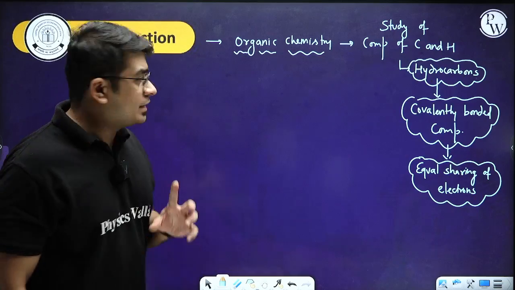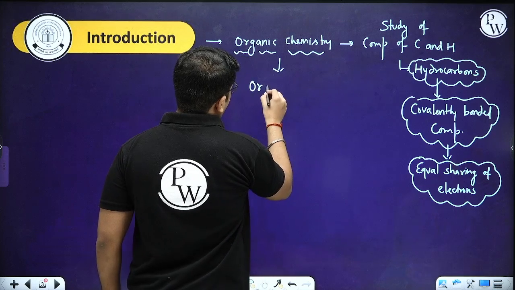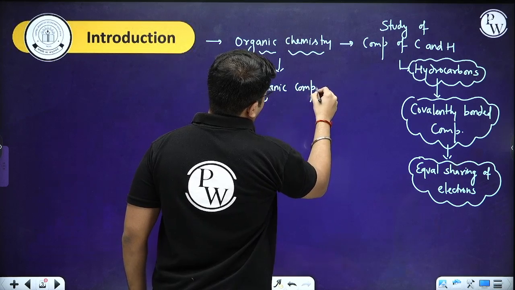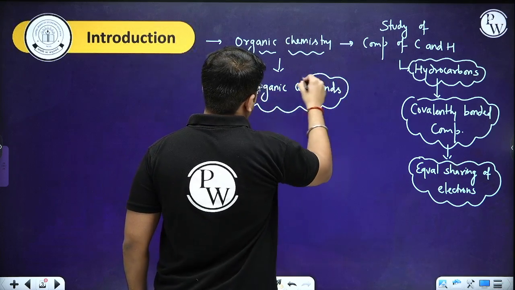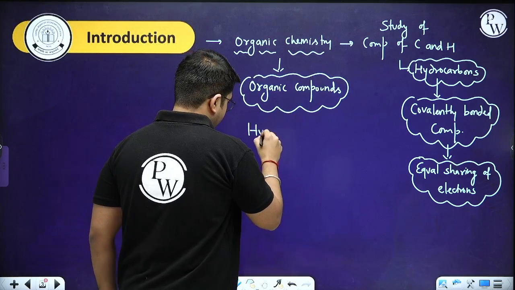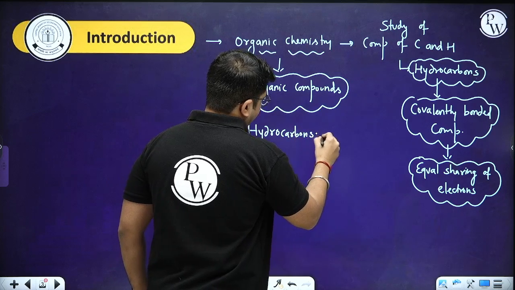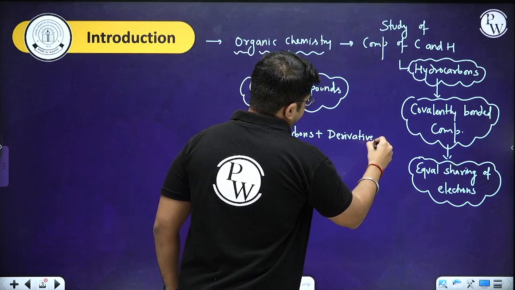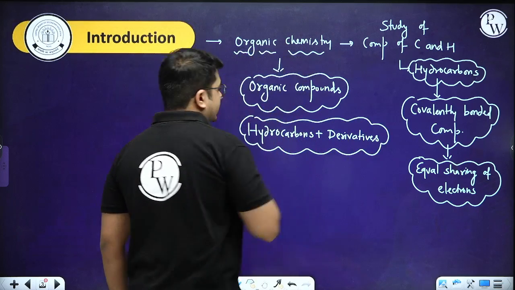No. In organic chemistry, we are talking about organic compounds, and in these organic compounds, we are going to discuss the hydrocarbons and their derivatives. This is the most important portion: hydrocarbons as well as their derivatives.